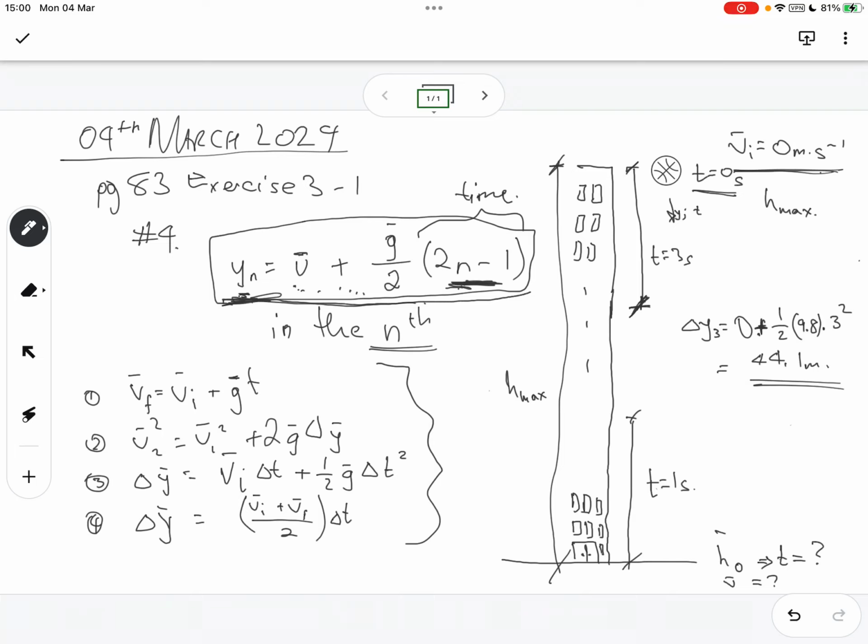I think I have the equations. What happens if we take v squared?